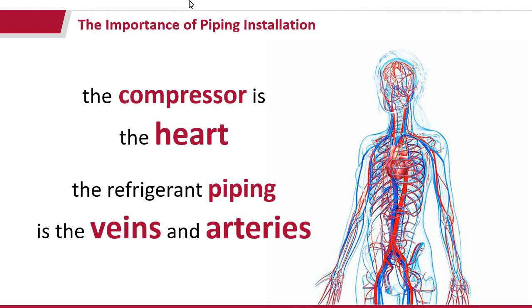But point being is that if you have a failure or you're continually dealing with compressor failures, it's most of the time, most often, due to problems with your refrigerant pipe installation. As engineers, pretty much the only thing you can do is lay it out as best you can, and that's kind of where that ends.